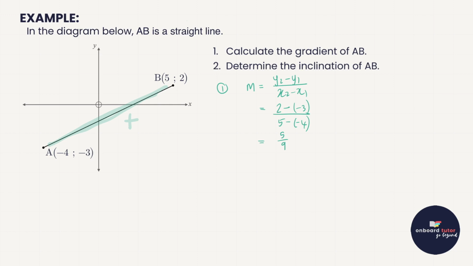Okay, so that's our gradient in its simplest form. So that's the gradient of AB. And we only have one line there, so it's not really necessary to write that subscript, but it is helpful. Okay, next up they ask us for the inclination of this line. So remember, that's between the x-axis and the line that we've been given.